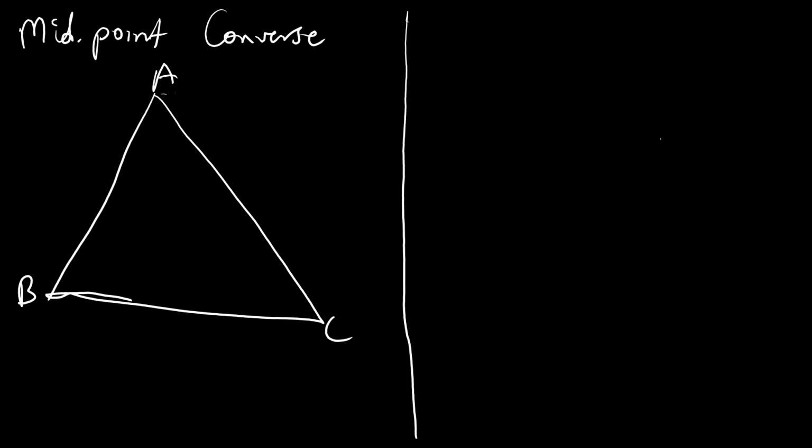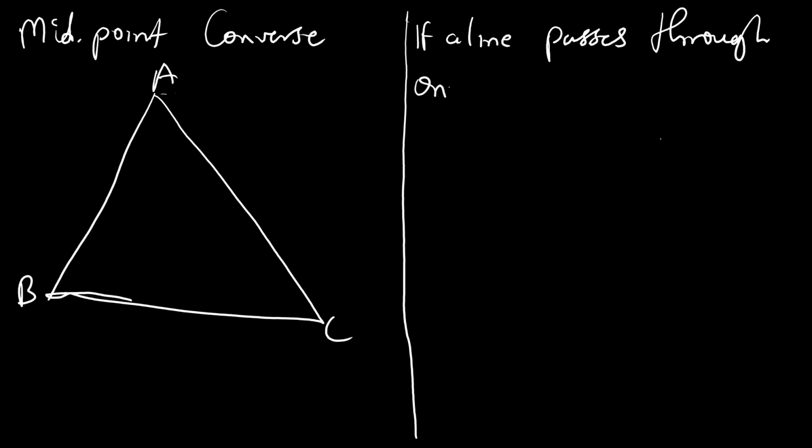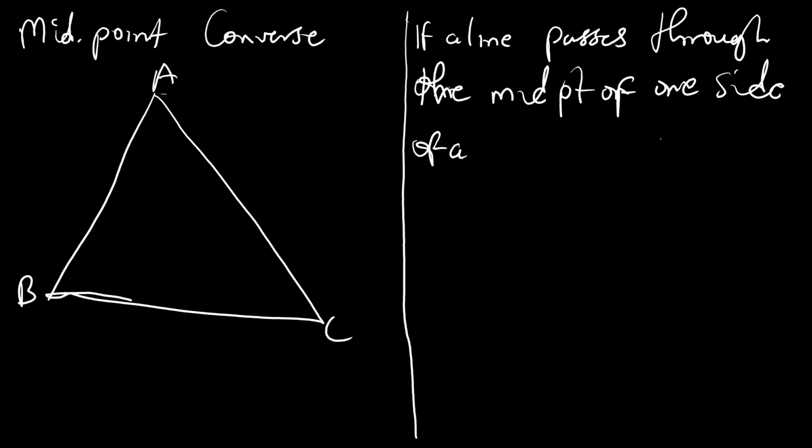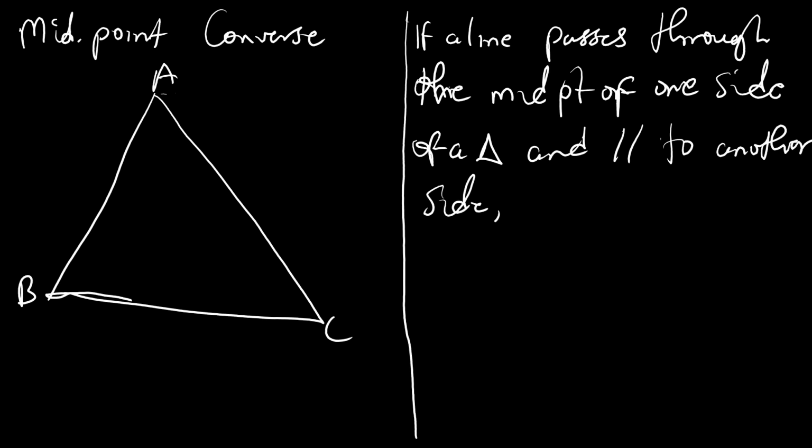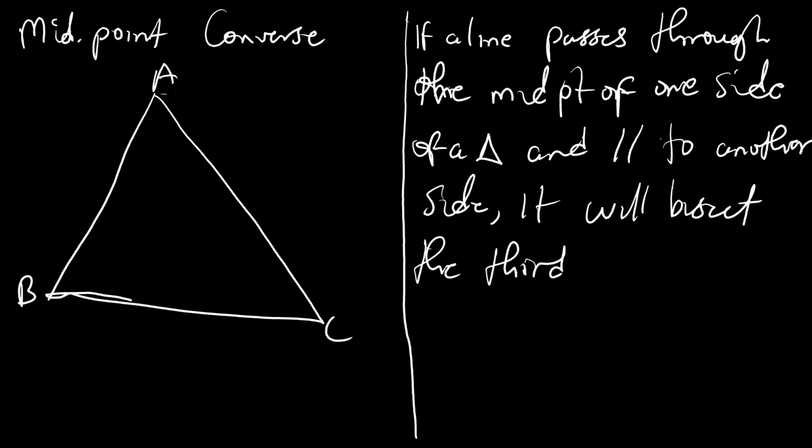This converse says that if a line passes through the midpoint of one side of a triangle and is parallel to another side, that line will bisect the third side of our triangle.